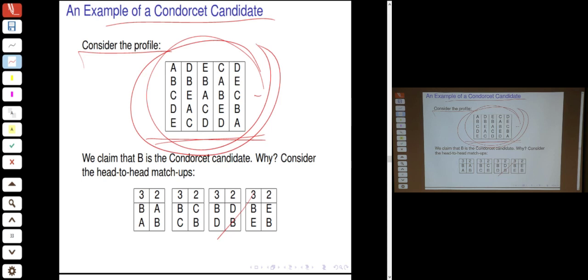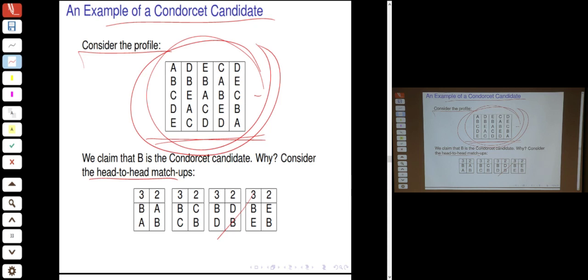Why? When will B be the Condorcet candidate? B will be the Condorcet winner if you pair B against any of the other candidates, disregard the remaining 3 candidates, just look at B and this other candidate, and then calculate how many voters place B above this other candidate in their preferential order.